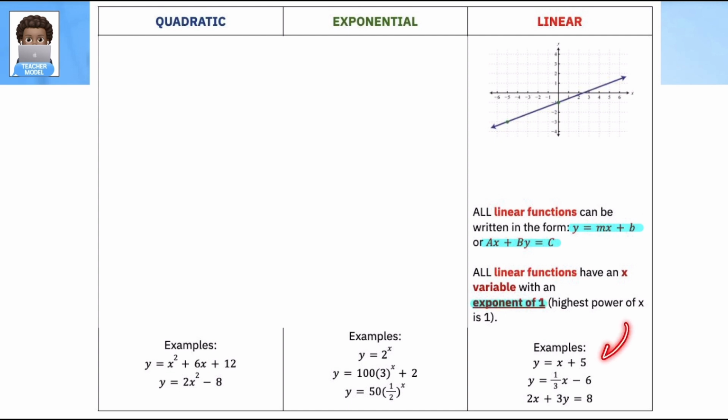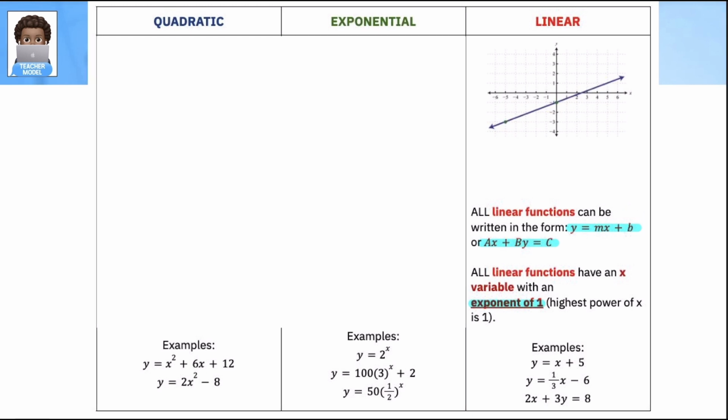And so when I look at these, notice there is no exponent next to the x because they're all to the first degree. There's no exponent written. They're all to the first power. All right, so now we know how to recognize them on the graph. They look like lines. And looking at the equation, we know the form, and we know that there is no second power, third power, anything like that.